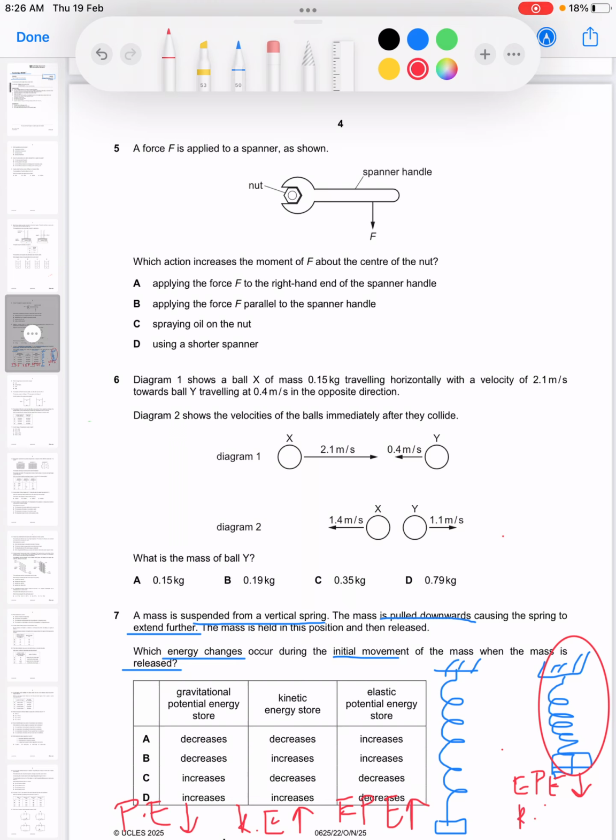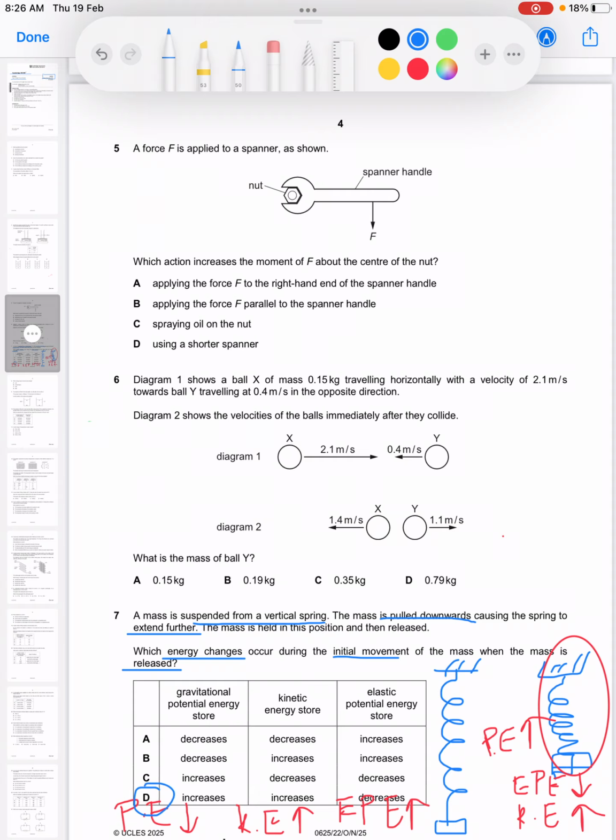Kinetic energy because of the motion again increases, right? But potential energy in this case is also increases. So you can check in which case we have this option, and it is only in option D.